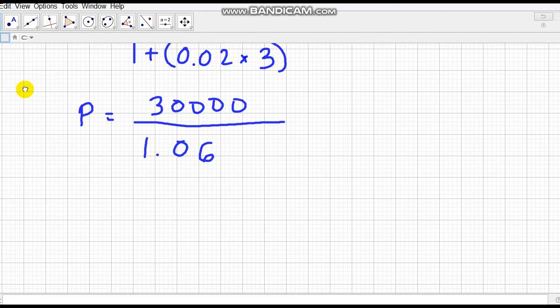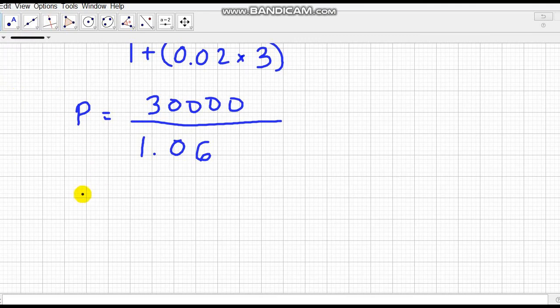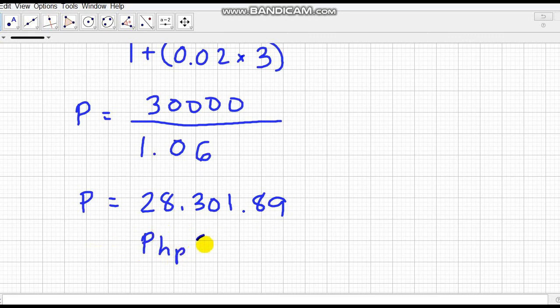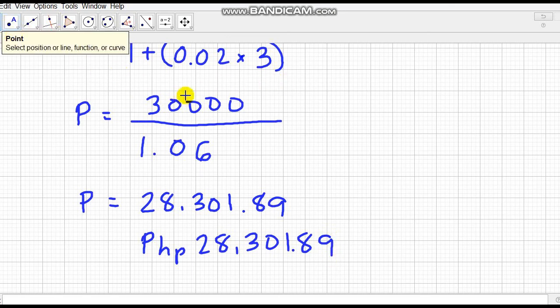So let's divide 30,000 by 1.06. So P is equal to 28,301.89. We're going to round it off to the nearest hundredths because this is money. Therefore, the principal that we had was 28,301 pesos and 89 centavos. And after 3 years, the amount will be 30,000.